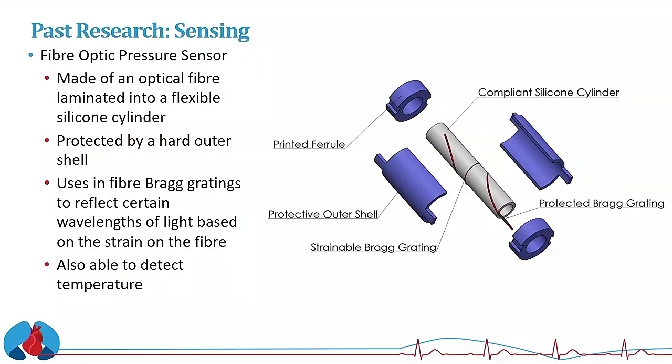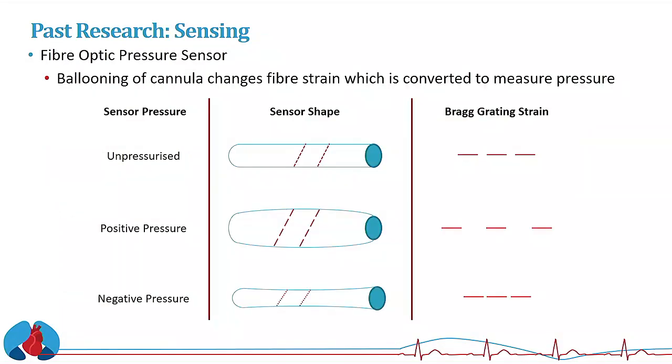So the fiber optic pressure sensor used a Bragg grating, which is a periodic diffraction grating, which reflects a specific wavelength of light based on the periodicity of the diffraction grating. So we can see here that because the fiber optic is embedded into a flexible silicon cylinder, it balloons inwards and outwards when there's more or less blood in it.